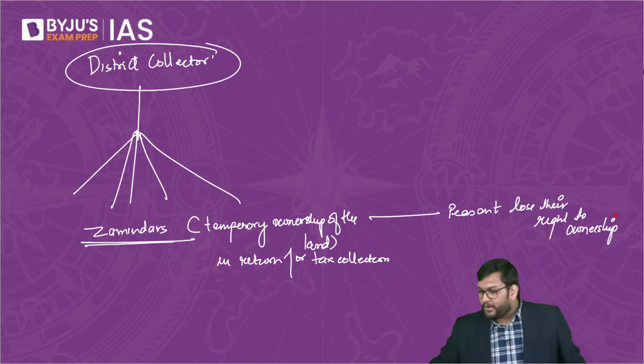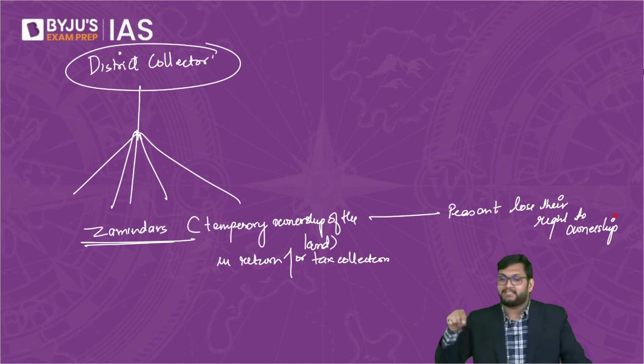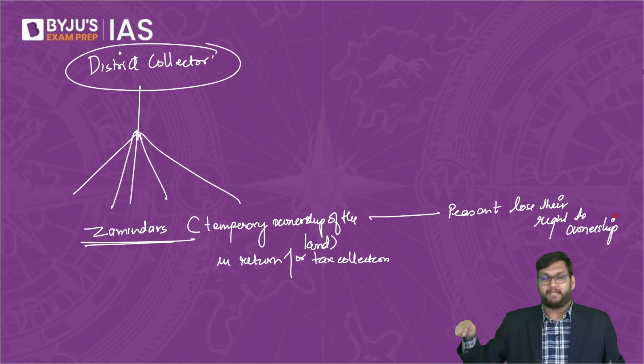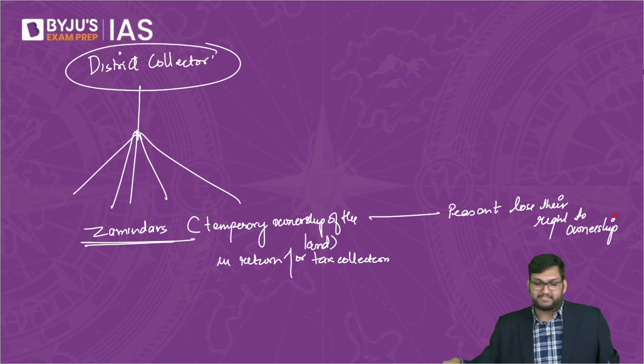But why do I say that it is temporary? Can I tell you why temporary? The district collector is always a European.